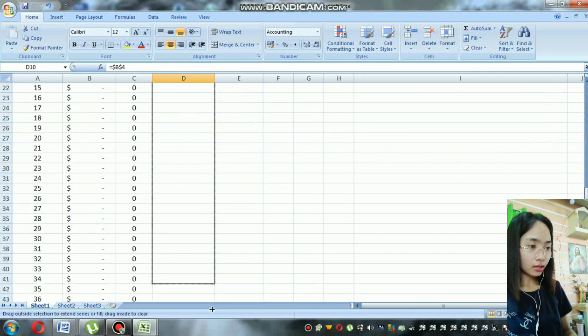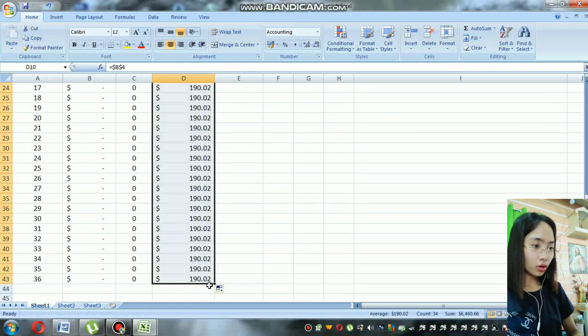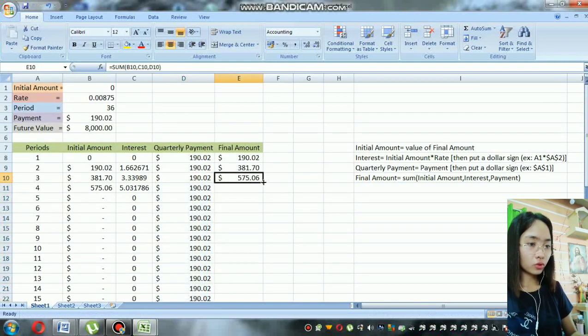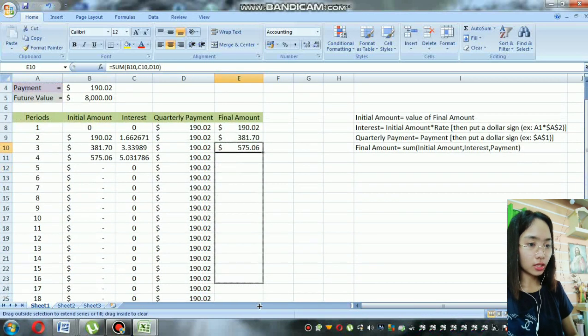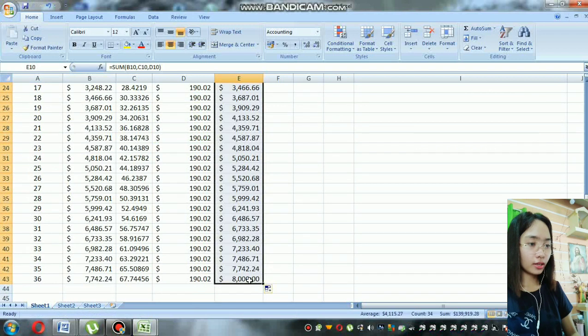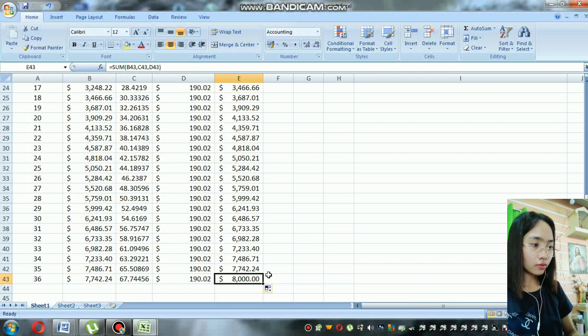If the value of the last part of final amount is similar to the value of future value, then the schedule is right. So our sinking fund schedule is correct since it has the same value in future value and final amount.